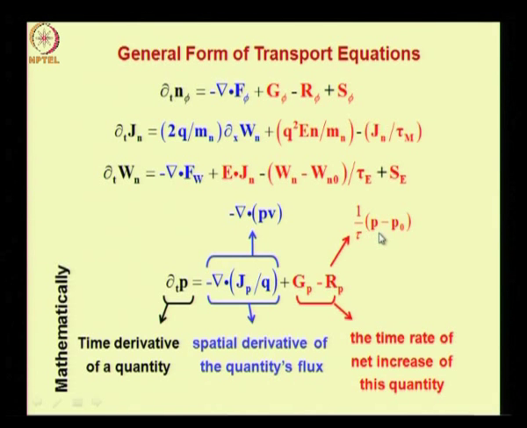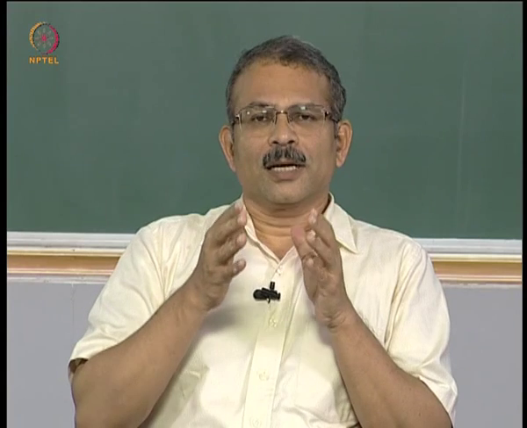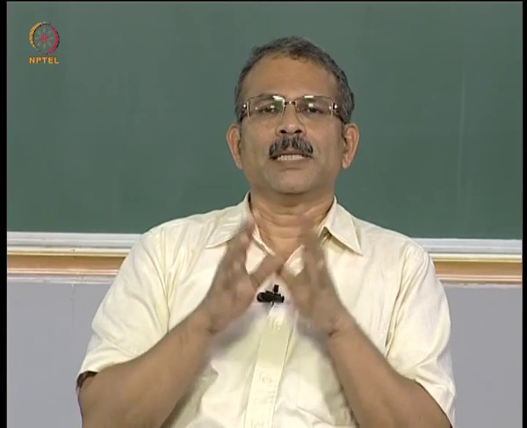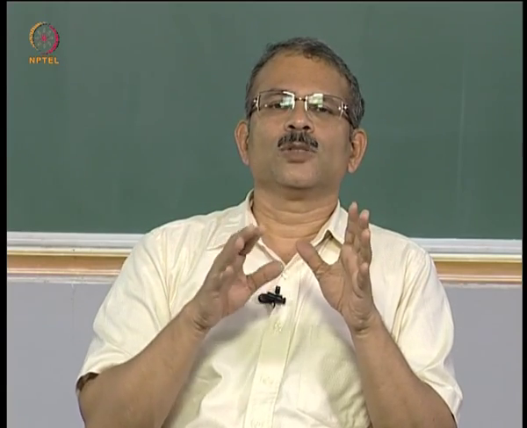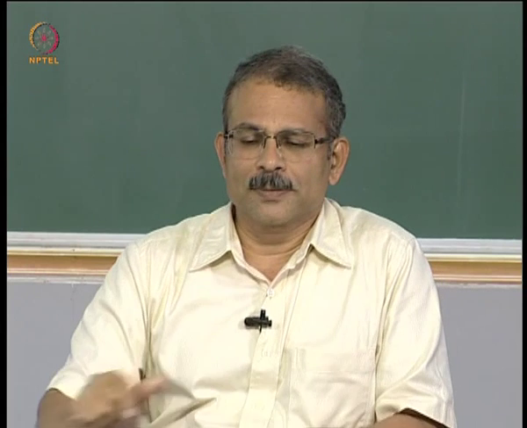You have a loss term proportional to the quantity, the proportionality constant being 1 by the time constant. This is exactly similar, except that you do not have a Jn suffix 0 like the p suffix 0, because while the hole concentration under equilibrium is non-zero, the current density in equilibrium is 0, because in equilibrium you have random motion and there is no net flow in any direction.